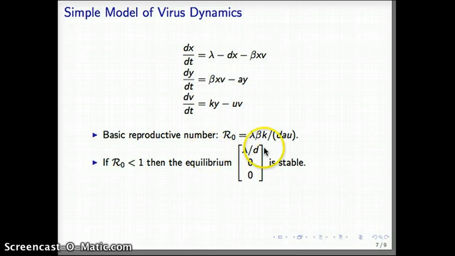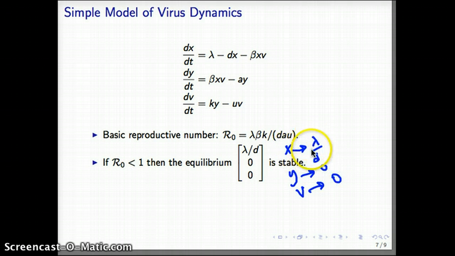In this scenario, x would converge to the term lambda over d, but y would converge to 0 and v would also converge to 0. Okay, so as t goes to infinity, x of t approaches this value, while y and v approach 0. That means that virus becomes extinct, and there is no virus. There is nothing to invade the cells.